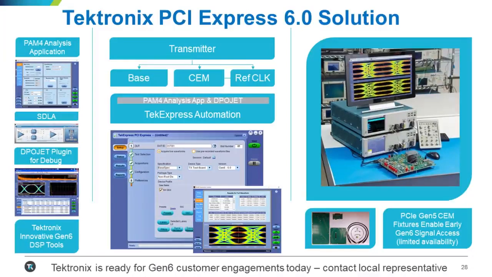So the data that we've shown on SNDR and uncorrelated jitter, and like I said, we're working on pulse width jitter, has been done with our internal tools, and we are able to engage with those today.